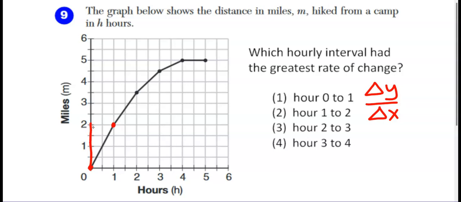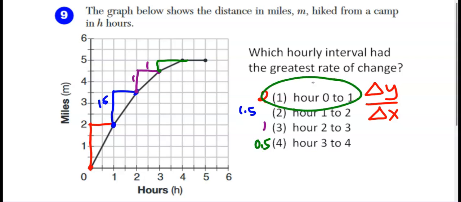So the change in the y is 2, the change in the x is 1. For the hour of 1 to 2, the change in the y is 1.5, and the change in the x is 1. It looks like for sections 2 to 3, I have a 1 over 1. And for the last section here from 3 to 4, I have half over 1. So indeed, from 0 to 1 has the greatest rate of change.